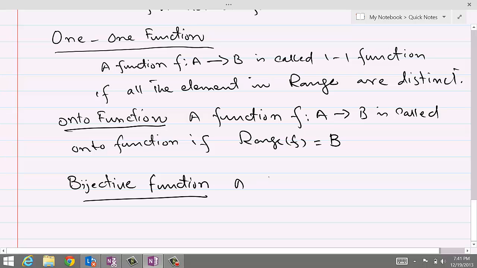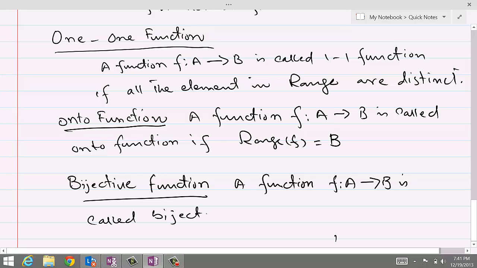A function f from A to B is called bijective if it is both one-one and onto.